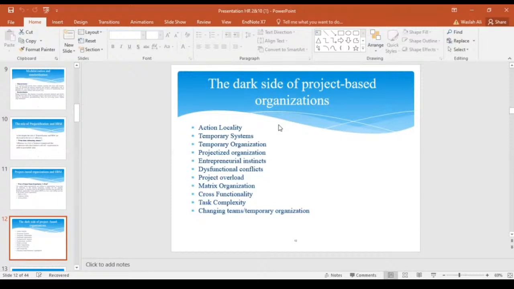Action locality is defined as below. In project-based organizations and boundaryless careers, where people move from one action locality to another on a regular basis, this does not come without problems and tension.